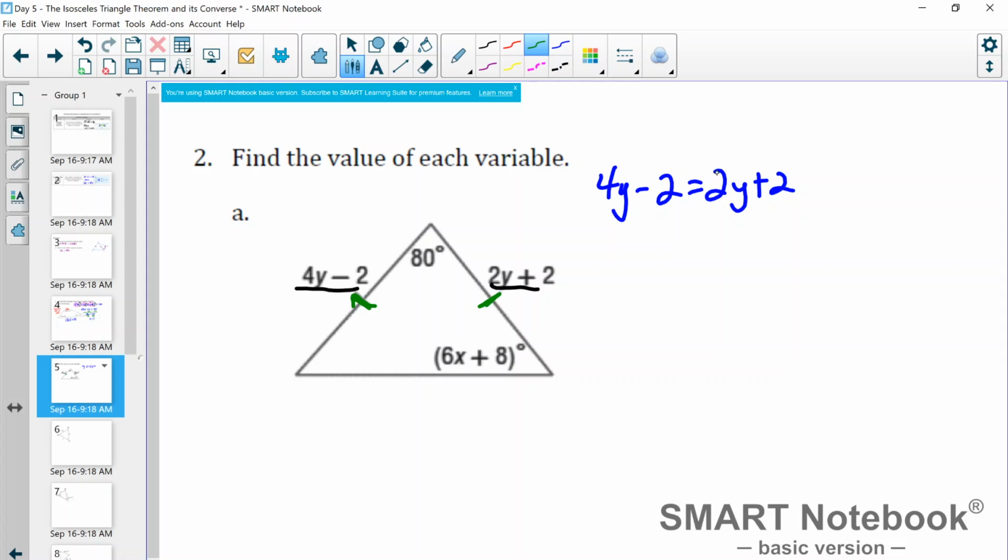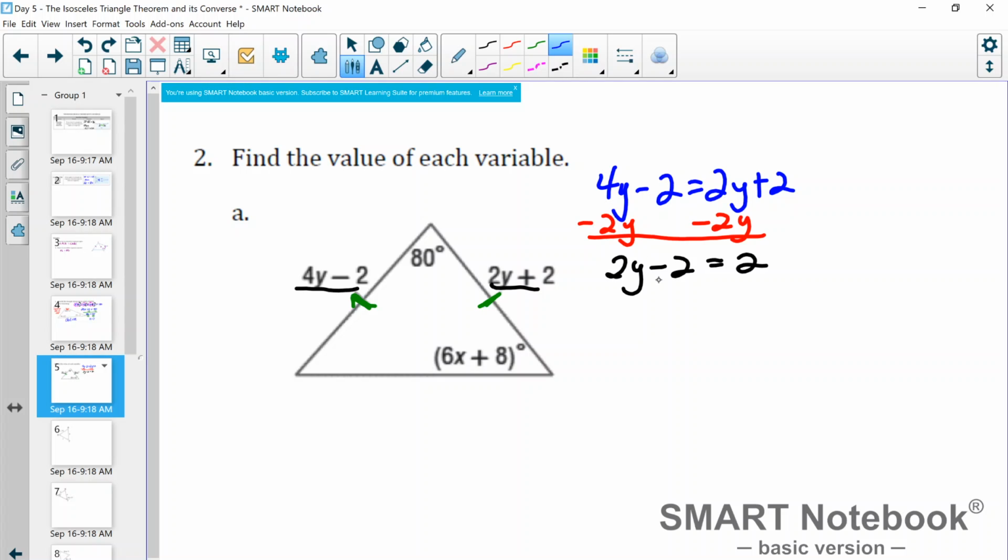So I'm going to solve for y. Here I have y's and numbers on both sides, so I want y to one side, and numbers to the other. It's easier to always move the smaller values. So if I look at 4 and 2, 2 being smaller, it's going to be easier to move. So I'll subtract the 2y from both sides. And we get 2y minus 2 is equal to 2.